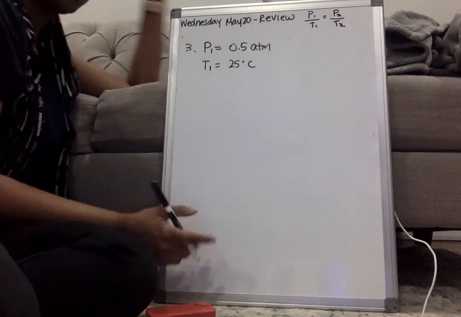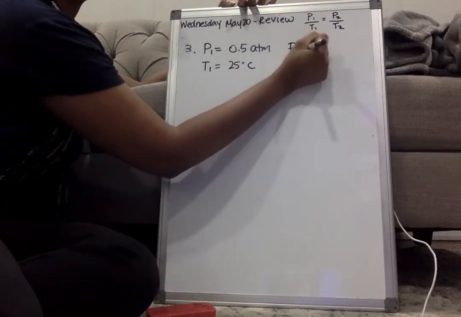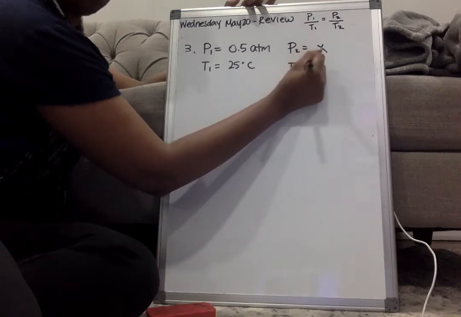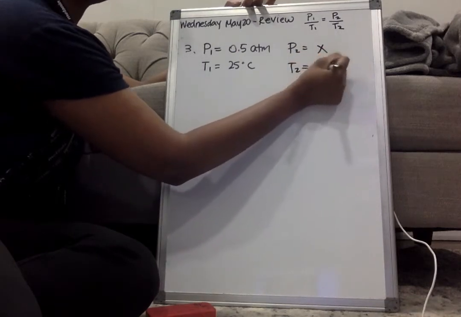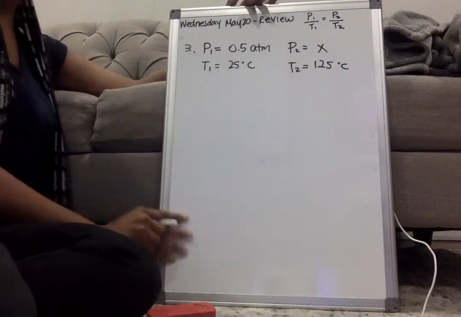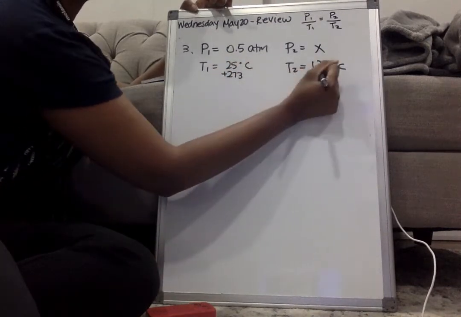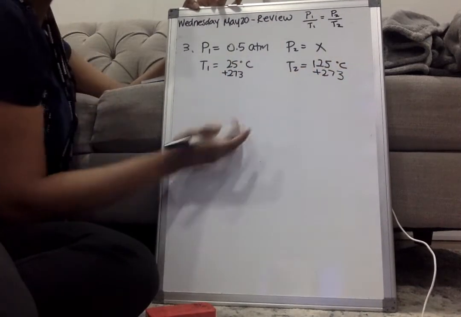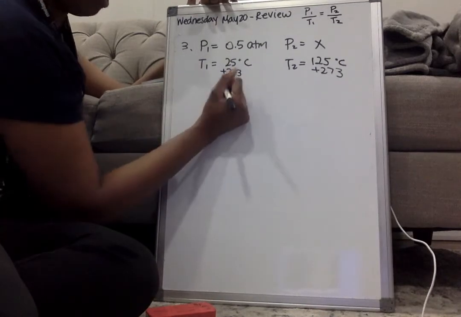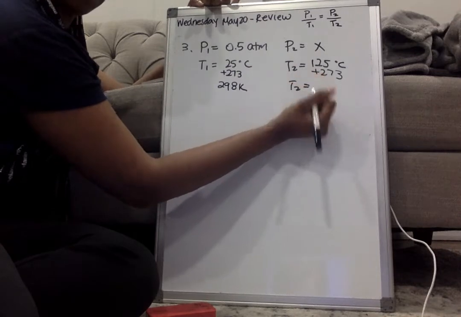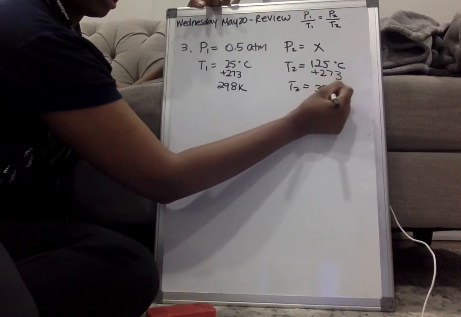What would the pressure be, P2, if the temperature rises to 125 degrees Celsius? Convert Celsius to Kelvin by adding 273. So now our new T1 will be 298 Kelvin, and then T2 will be 398 Kelvin.